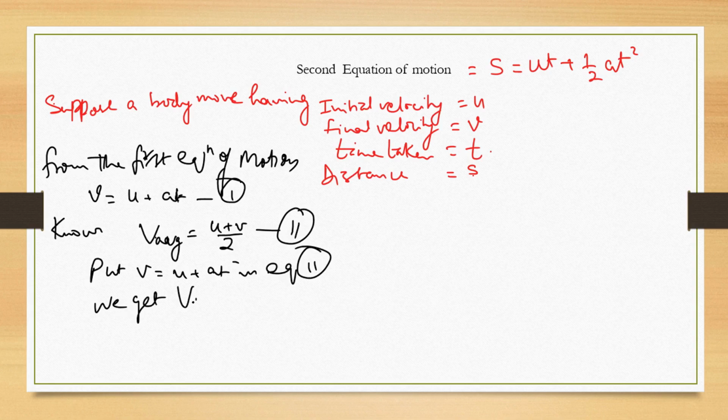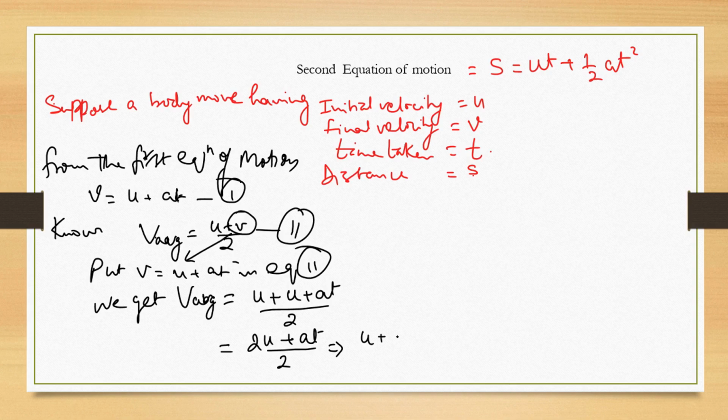We get v average equal to u plus, in place of v we put u plus at, whole divided by 2, and when we simplify it we get u plus half at.